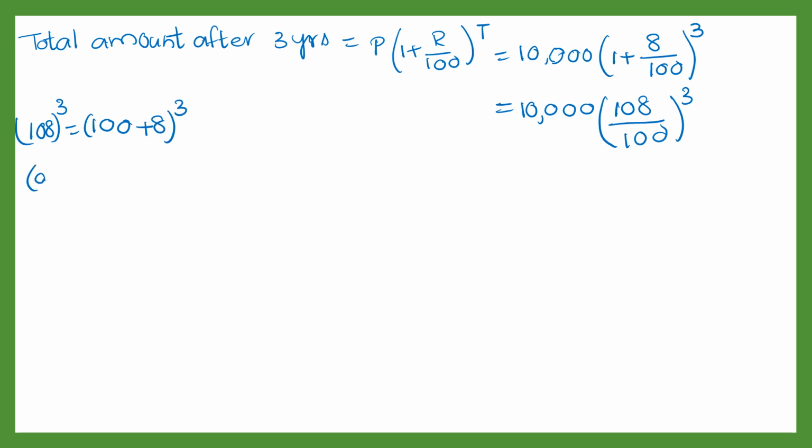We know that a plus b whole cube is a cube plus 3ab into a plus b plus b cube. Here a is 100, b is 8.